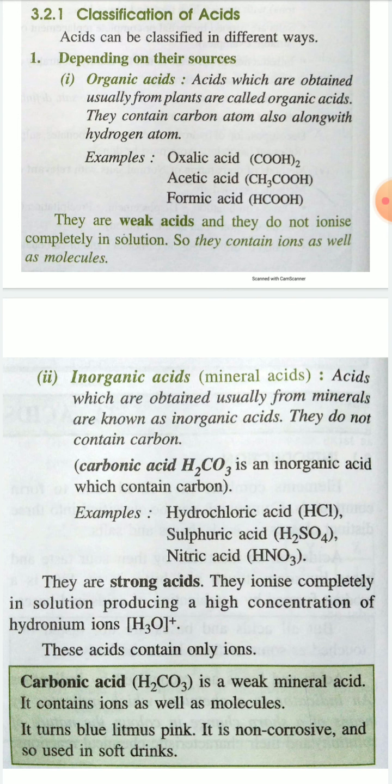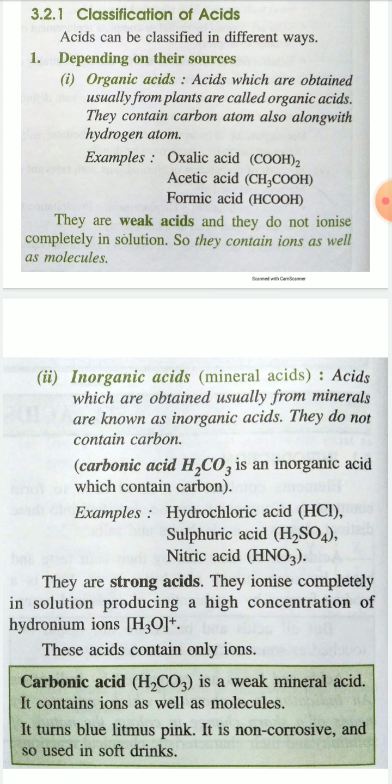Examples of inorganic acids: hydrochloric acid HCl, sulfuric acid H2SO4, nitric acid HNO3. All inorganic acids are strong acids. They can ionize completely in solution, producing a high concentration of H+ ion or hydronium ion, that is H3O+ ion.